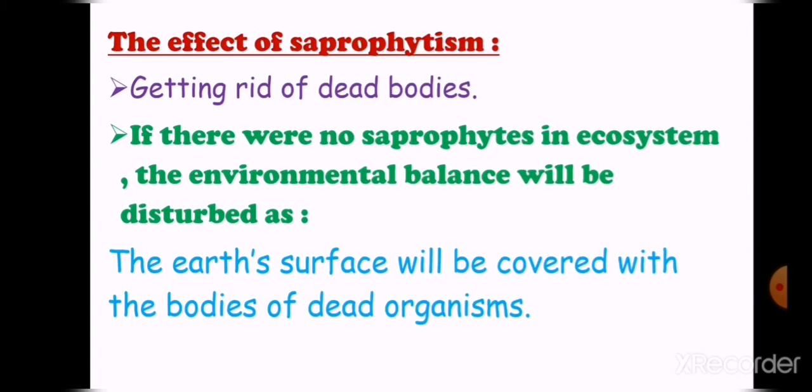If there are no saprophytes in the ecosystem, the environmental balance will be disturbed and harmed. Why? Because the Earth's surface will be covered with the bodies of dead organisms.